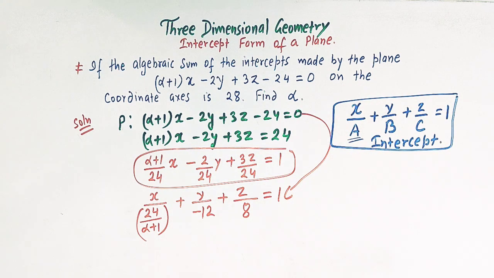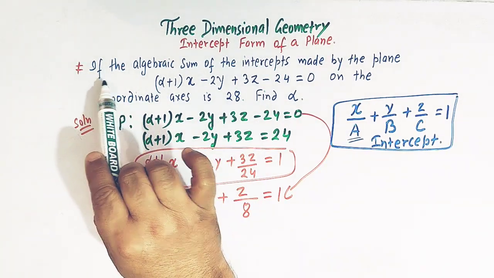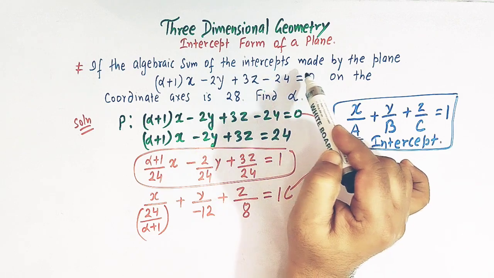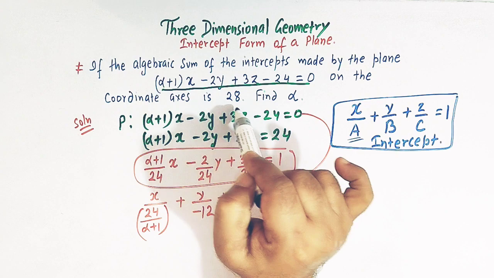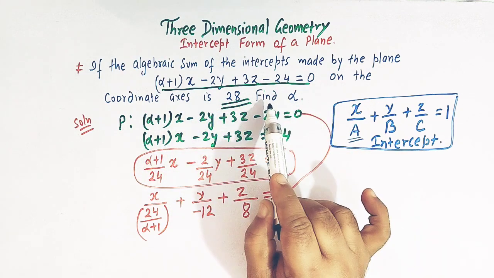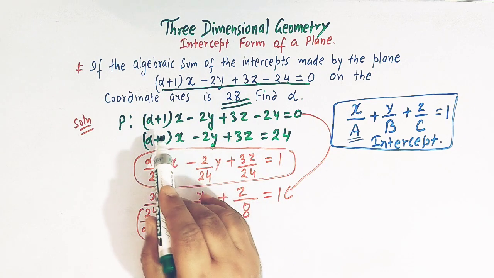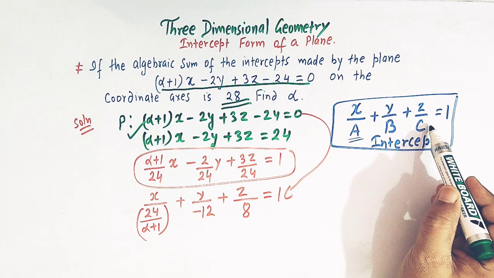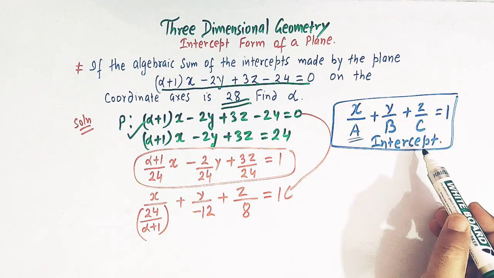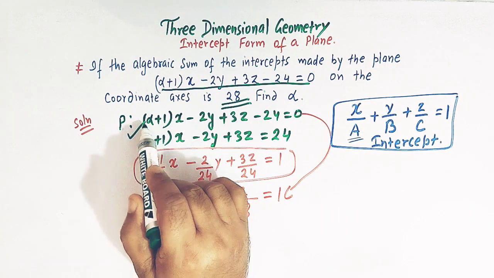So here we are given that the algebraic sum of the intercepts made by this plane on the coordinate axes is 28, and we have to find the value of alpha. So what we have done is express this equation in the intercept form of a plane.